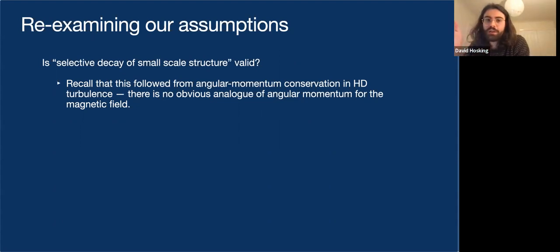Now, there is no analog of angular momentum for the magnetic field. There is no r cross B invariant. The r cross u is an invariant, the angular momentum, but r cross B is not. So formally, one can't say that the Loitsyansky integral you get if you simply change u to B should also be an invariant. There's no reason to suggest that that integral would be an invariant.